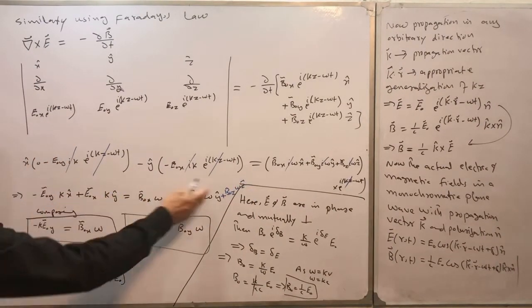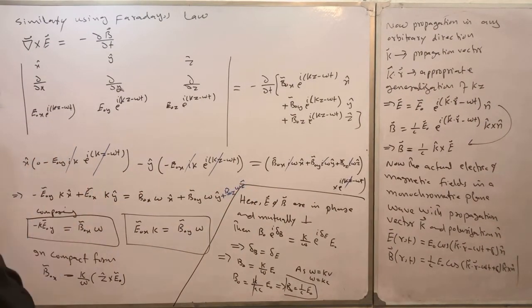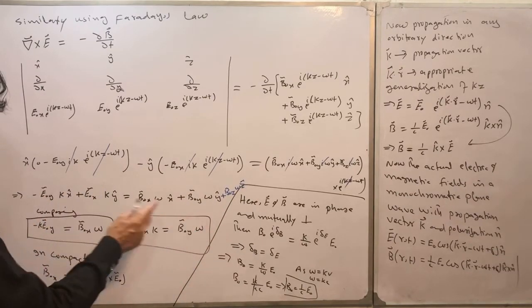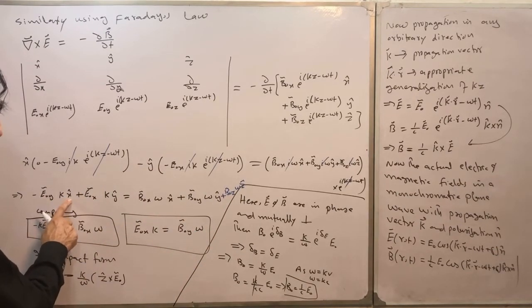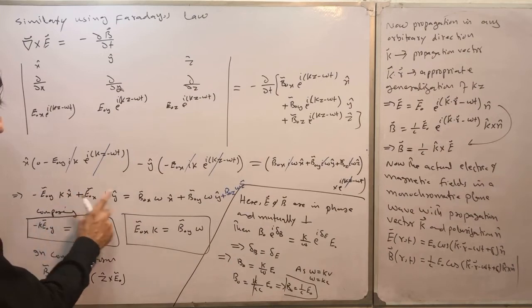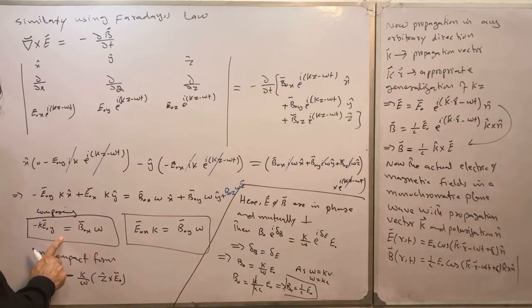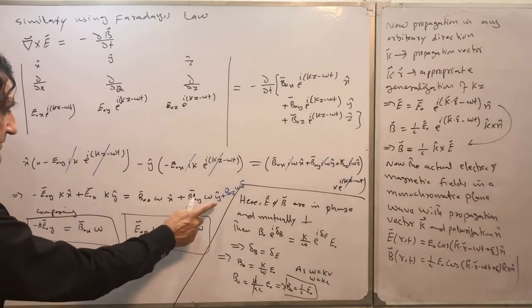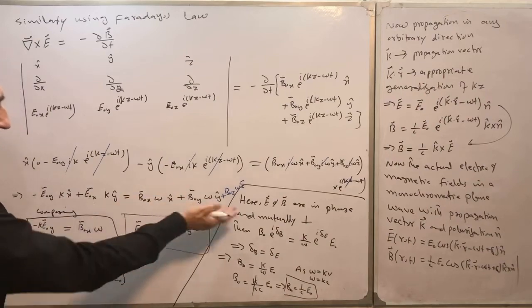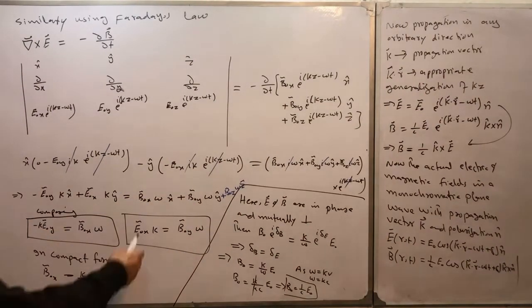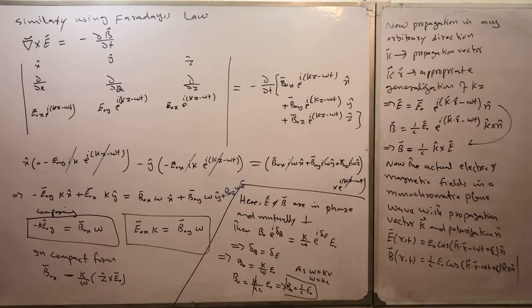By comparing the left hand side and the right hand side with the unit vector x, we can get this, and y we can get this, and there is no z component. So it is equal to 0. Now, in compact form, this equation may be written like this.